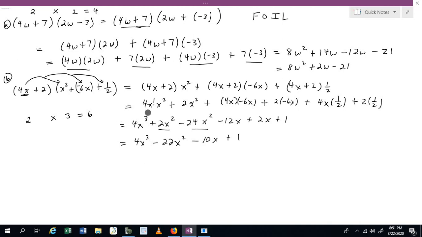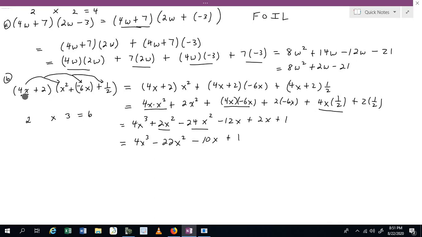Okay, and let me just underline those terms. So 4x times x squared is this one right here. 4x times negative 6x is this one here. And then 4x times 1/2 is this one here.